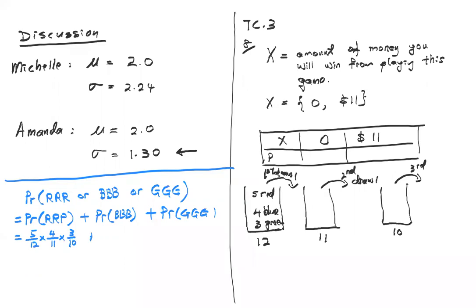For blue, it will be the first 4/12, second 3/11, third 2/10. For green, it goes like that. Sorry, multiply. So this will be 1/10.